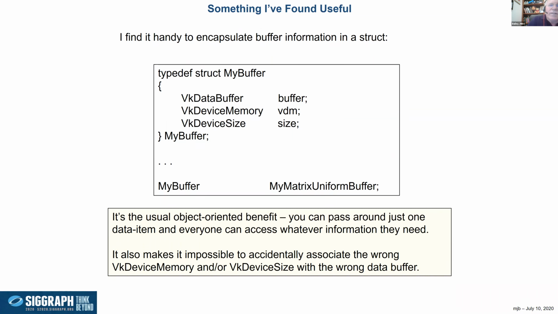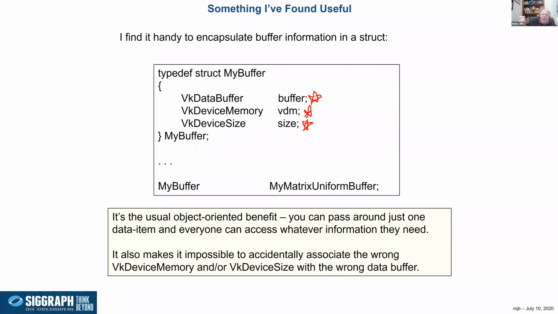Another thing you'll see in the sample code is I find it handy to encapsulate buffer information together. The problem I was running into is I had a buffer running around and I had the memory pointer running around in the code, and I had the size in bytes running around. And unless I was very, very careful, I would find myself using the wrong size with the wrong buffer.